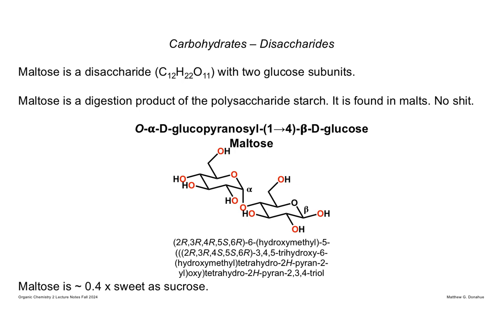Notice now, again, it's just a disaccharide of two glucose units, again with that linkage now being alpha at the anomeric carbon. And so maltose is less sweet than sucrose, about 0.4. Again, I don't know the exact scale of how these things are measured, but someone's done this type of study.